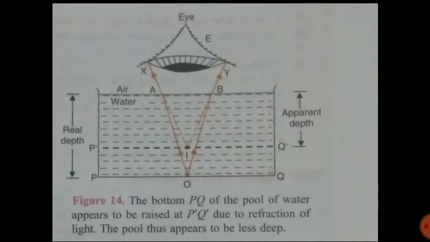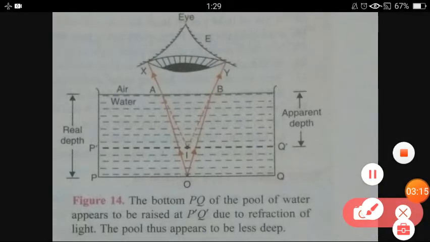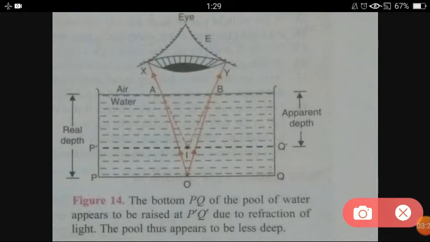But because of refraction, the light rays bend a little bit, and when they reach our eye, they are in a particular direction such that when we extrapolate the rays in the backward direction, they meet at one particular point, here at I, and the image of point O is formed at I. There we feel that is the bottom of the pool.